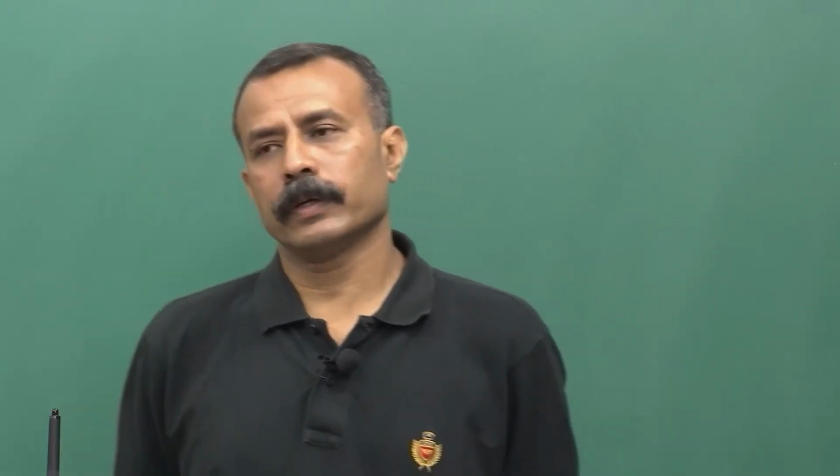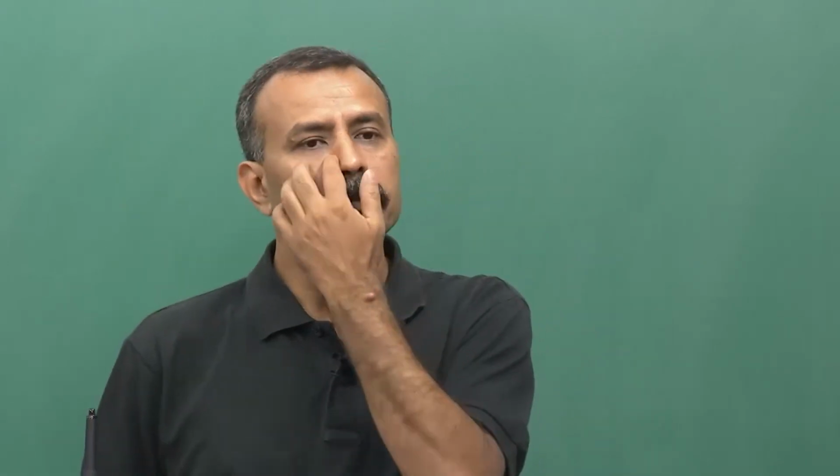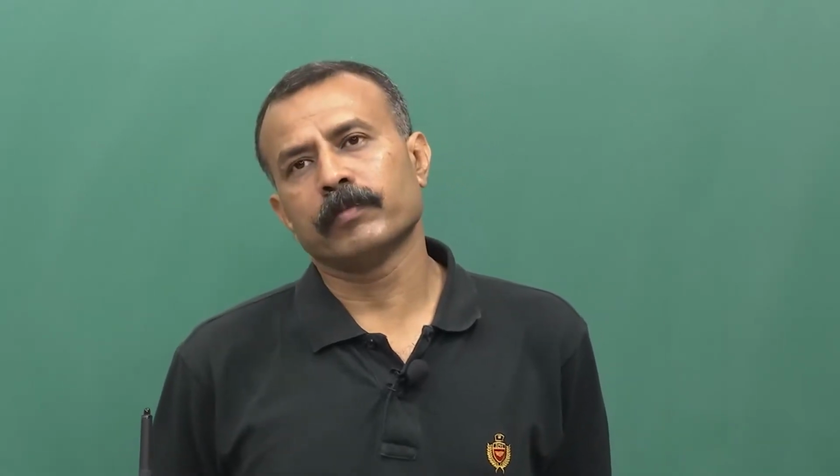So, welcome back to the third lecture of our fourth week. In the first two lectures of this week, we talked about the force, velocity, tension relationship in the different kinds of muscle fiber.